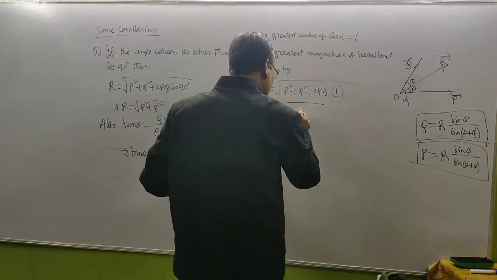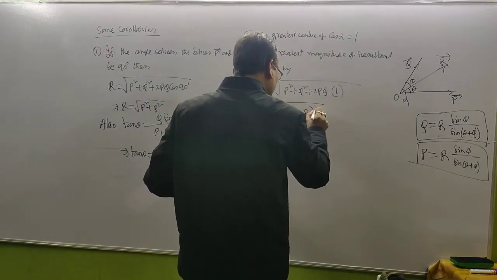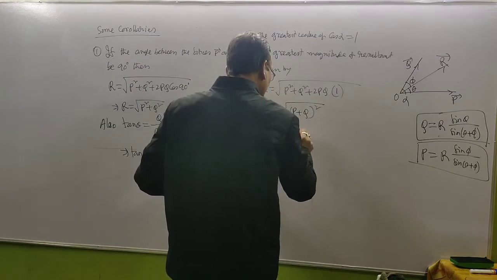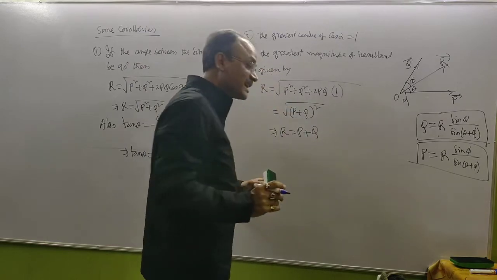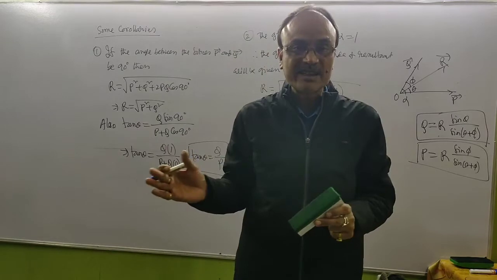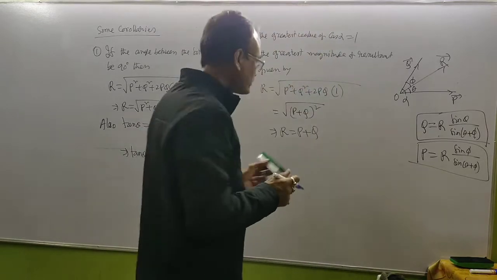This is equal to root of P plus Q whole square. This means R equal to P plus Q. The greatest resultant will be equal to P plus Q.